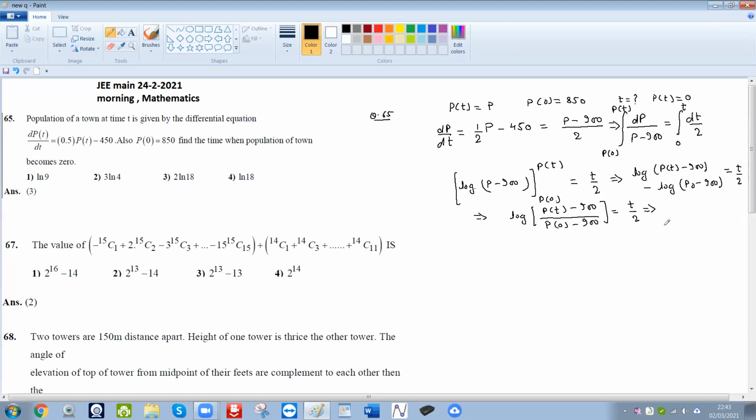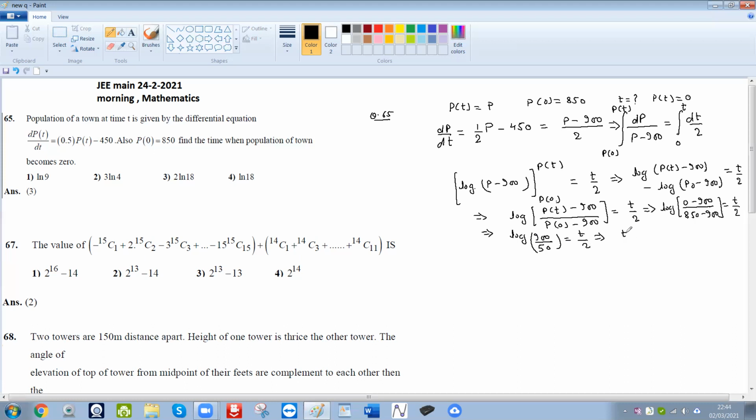Putting the values of Pt and P0, I get log of 0 minus 900 upon 850 minus 900 is equal to t by 2, which implies log of 900 upon 50 is t by 2.